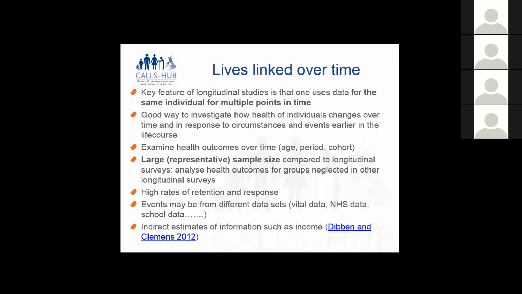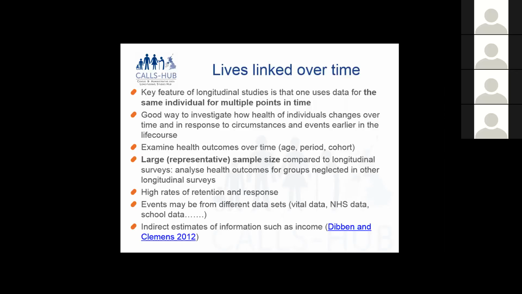Now, there's lots of different longitudinal sample survey data sets that can be used in the UK, but what is particularly useful about the census longitudinal studies is that they have a relatively large and representative sample size compared to other longitudinal surveys. One advantage of that is we can analyse health outcomes for groups that are perhaps neglected in other longitudinal studies, so for example, ethnic minority populations.